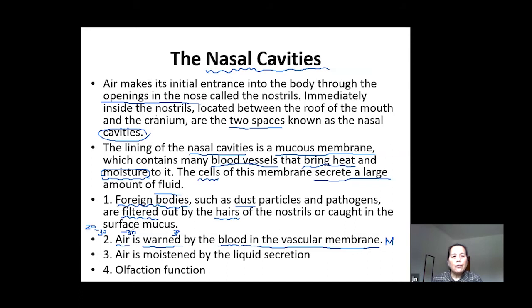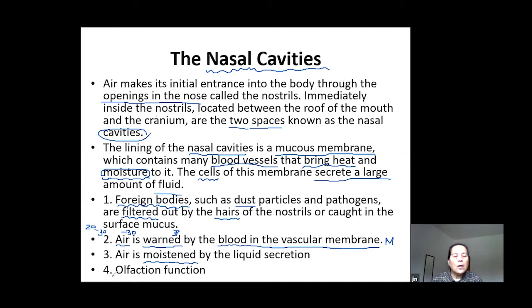So one reason is warming. Another is that it can add some moisture, in case very dry air goes inside the lungs. That's related to gas exchange.